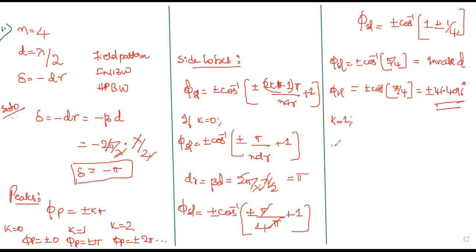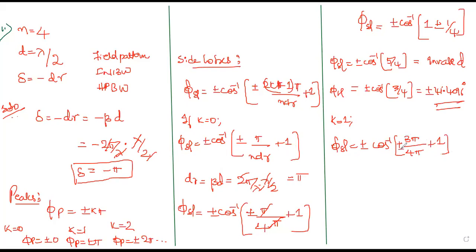So phi SL is equal to plus or minus cos inverse of, you have the k value. I did not write k here. To this equation, plus or minus, k is 1. So if you have 1 here, it is 2 plus 1, 3. So you get 3 pi by 4 pi plus 1.